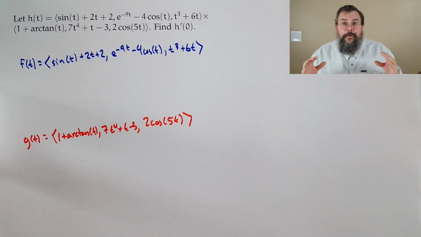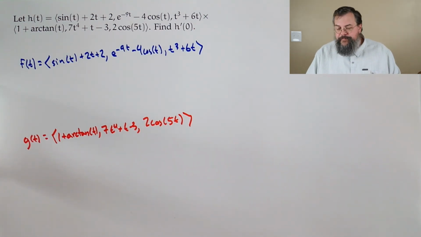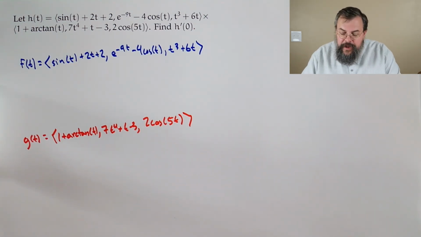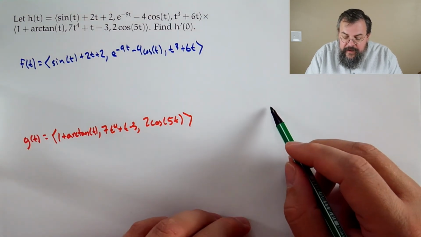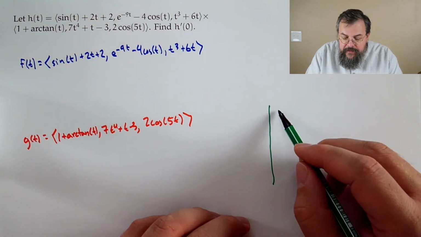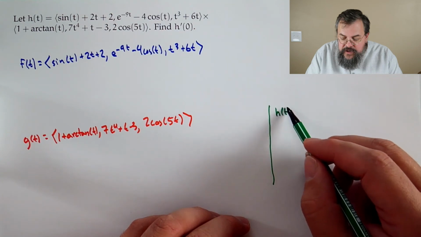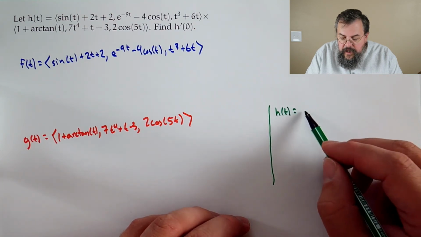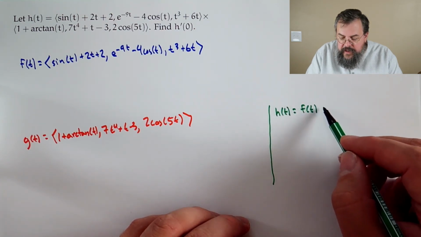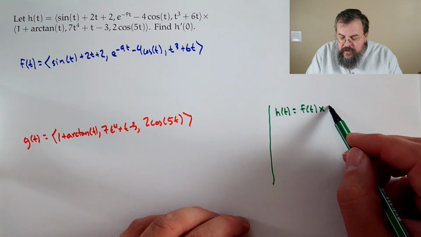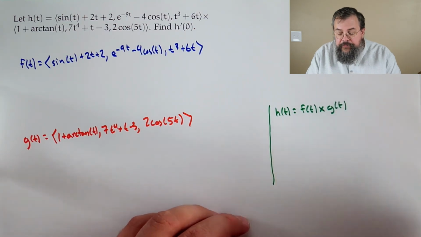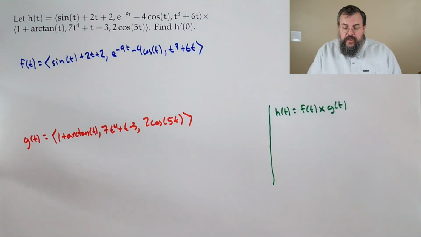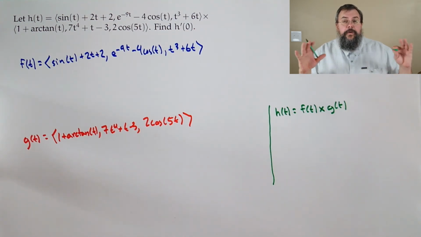So, what am I trying to hint at? Let's think about what we can do to make our life easier. So we have the following. H of t is, I'm going to write it right now just for shorthand, f of t cross g of t. So let's just say what we know.